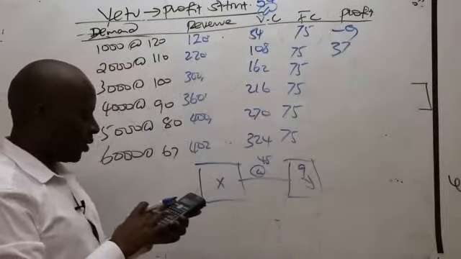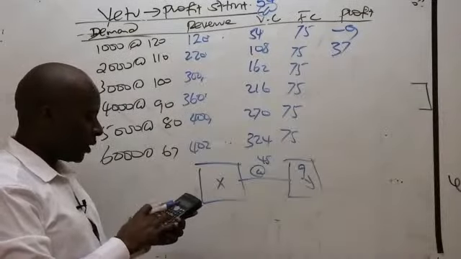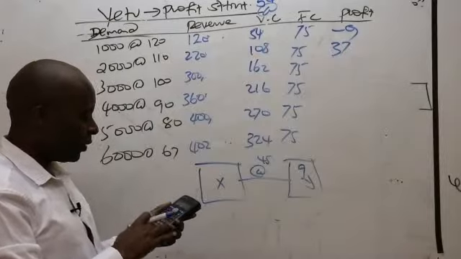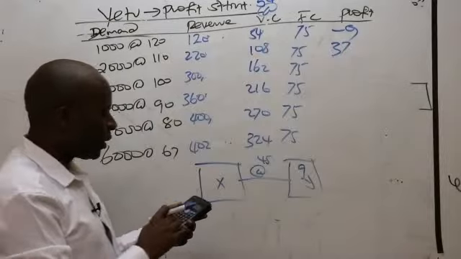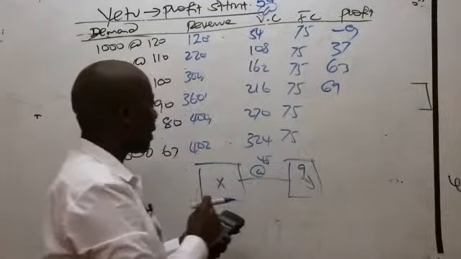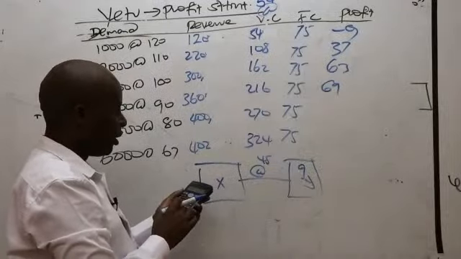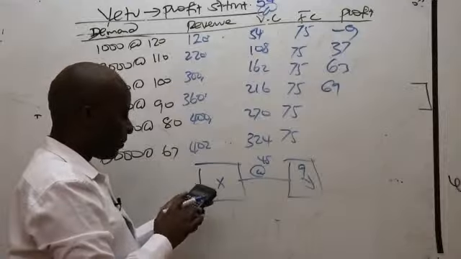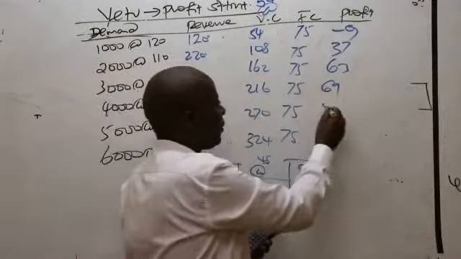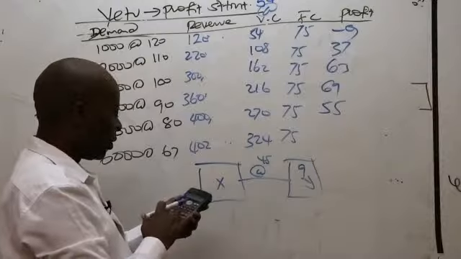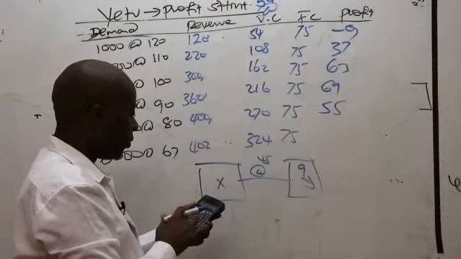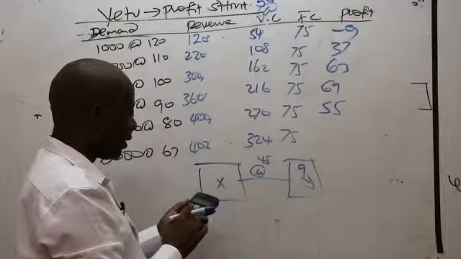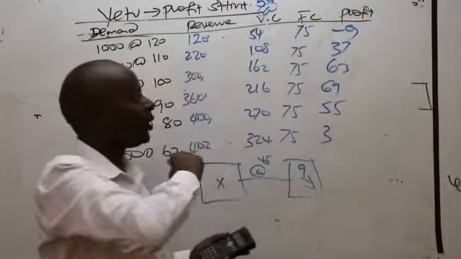So we have 300, minus 162, minus 75, which gives me 63. From there, we have 360, minus 216, minus 75, which gives me 69. 400, minus 270, minus 75, which gives me 55. From there, we have 402, minus 324, minus 75, which gives me 3.